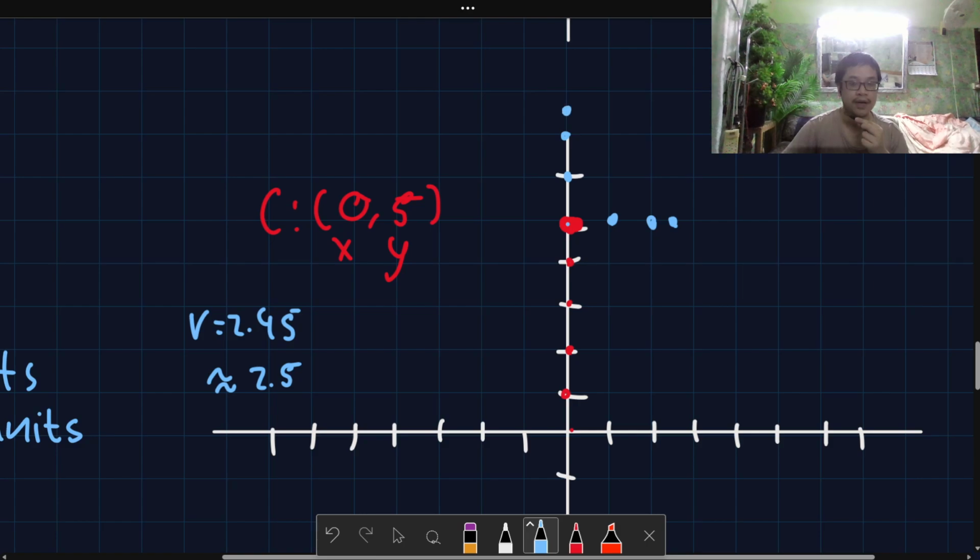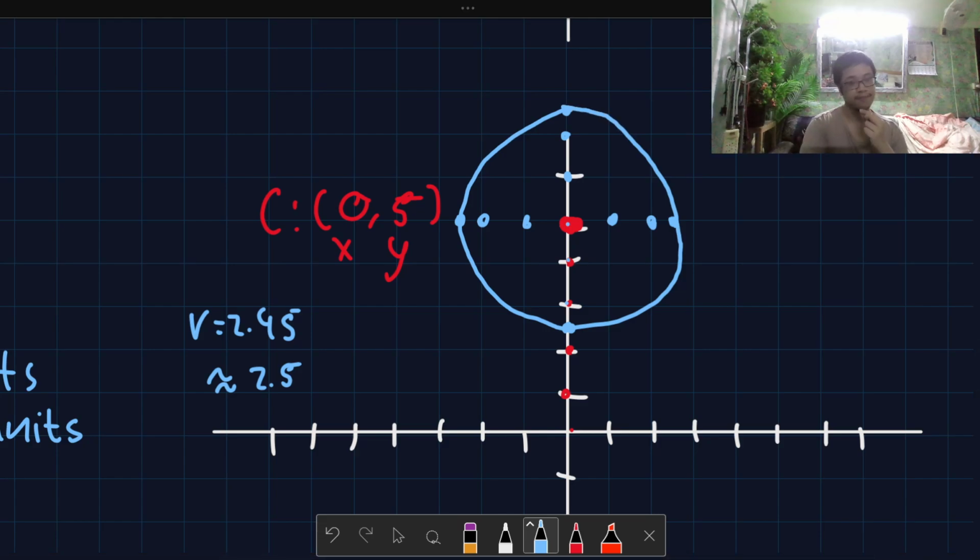Here. Then go back to the center, then count to the left: 0, 1, 2, then midway to the next point. So it's here. And lastly, 0, 1, 2, then midway to the next point here. That's it. Then you trace the outer points, like this. There we go. That is how you graph a circle.